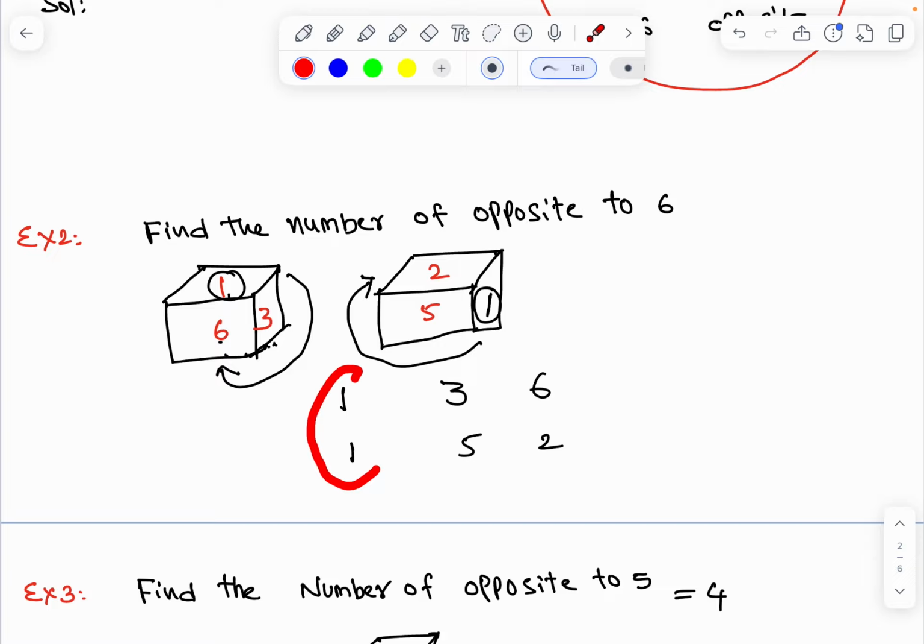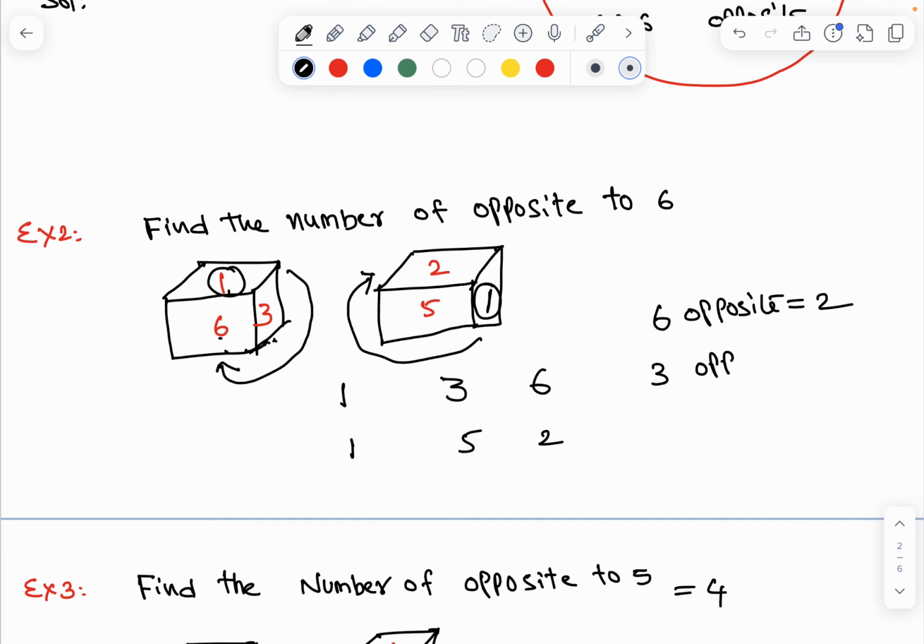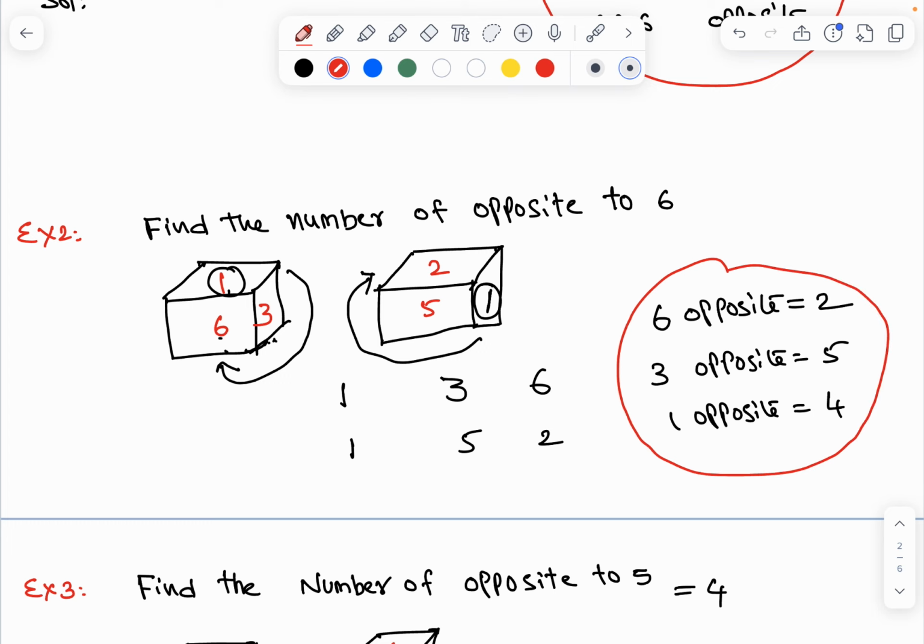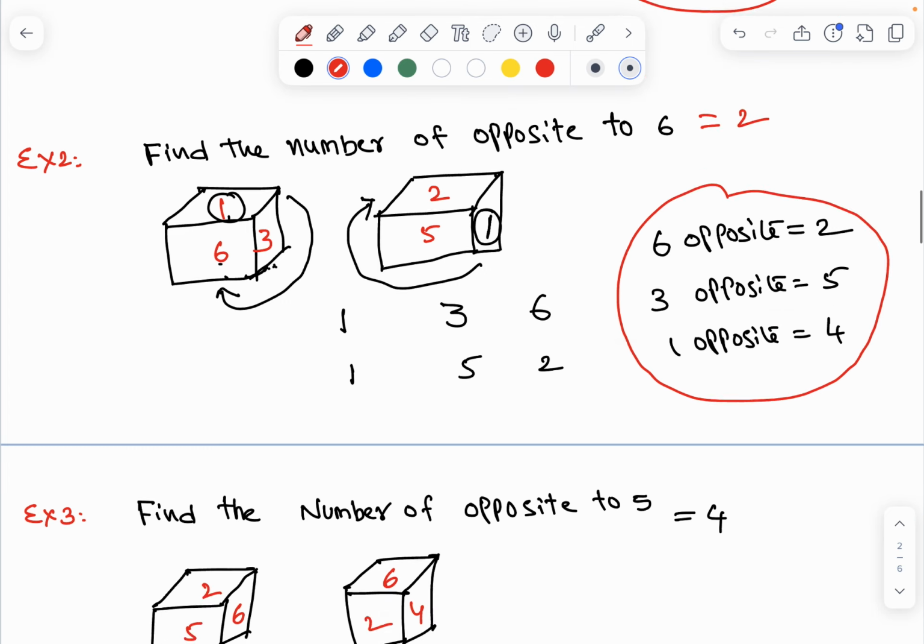There is only one number missed, that is 4. Therefore, 1 is opposite to 4. Therefore, the answer is: the opposite of 6 is 2.